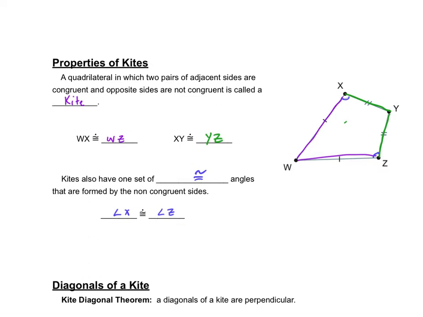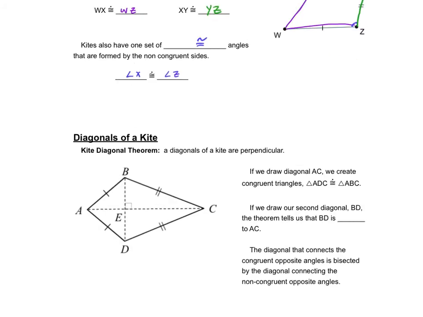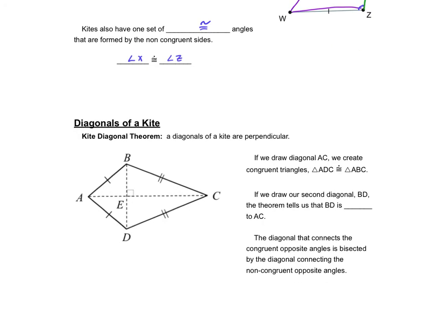Okay, so continuing on and talking about the diagonals of that kite. In this case, the Kite Diagonal Theorem says the diagonals of a kite are perpendicular. Those two diagonals form a perpendicular.